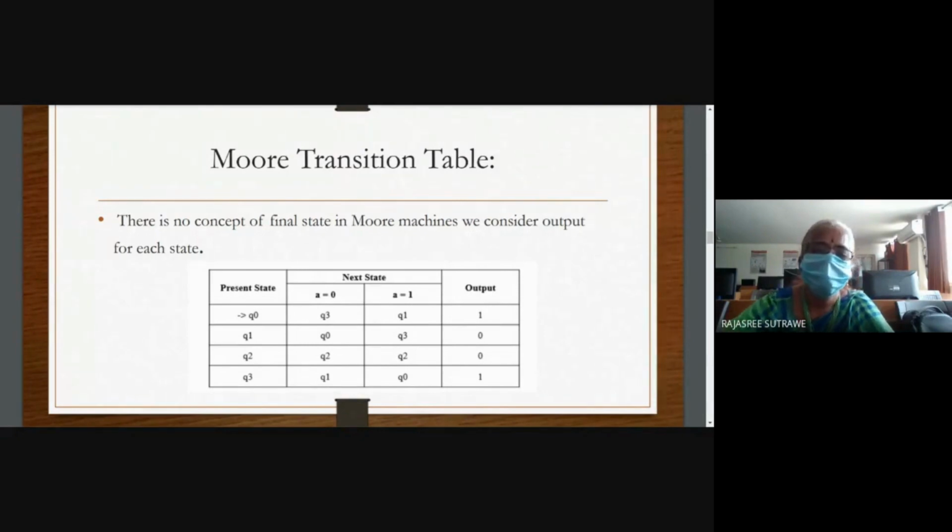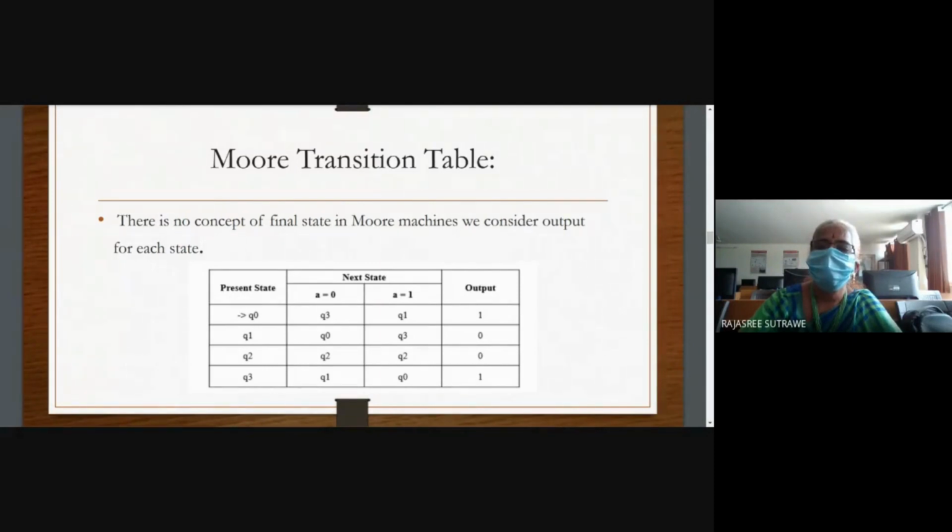You see here, for Q naught, if you are giving 1, you are going to the next state Q1 and the output is 1. Then again we have to find out for Q1 with 1. Q3 is the next state. Output is 0.